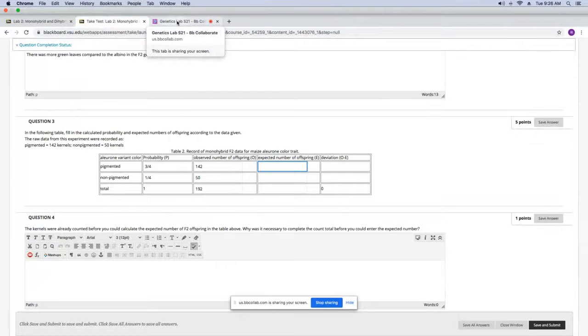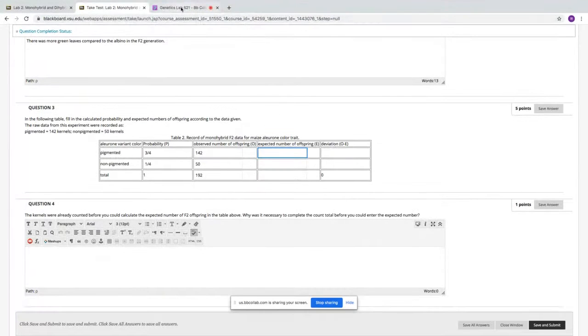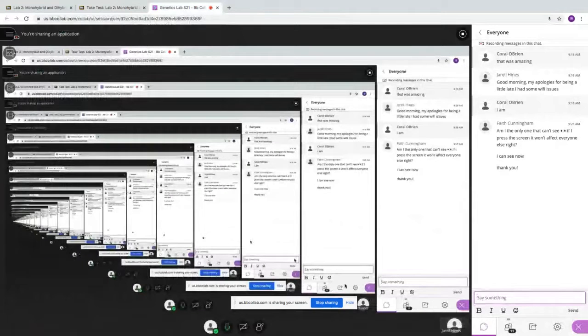Same thing for me. Maybe I should switch it. Hold on. If you share the Chrome tab instead of share screen, then you can go back and forth between the tabs. Cool. Okay, so now you still see the thing. Okay, good. Awesome.